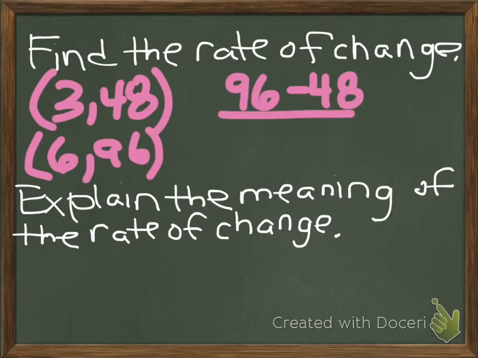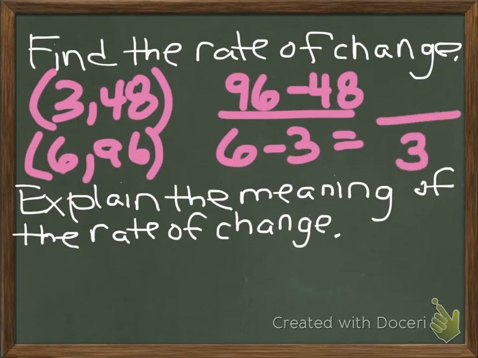That's our numerator, and then my x's and subtract. That's our denominator. So 6 minus 3 is 3, and 96 minus 48 is 48. And then 48 divided by 3, we can simplify, which is 16. So the rate of change is 16.